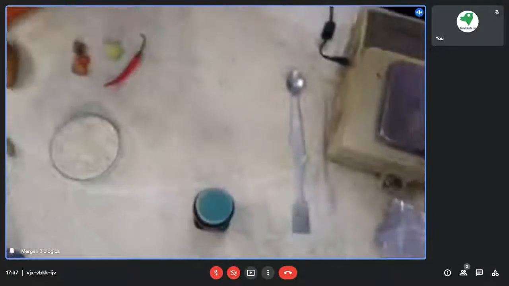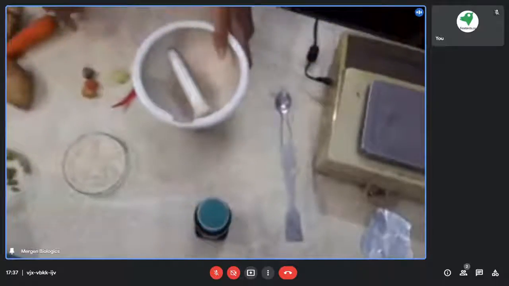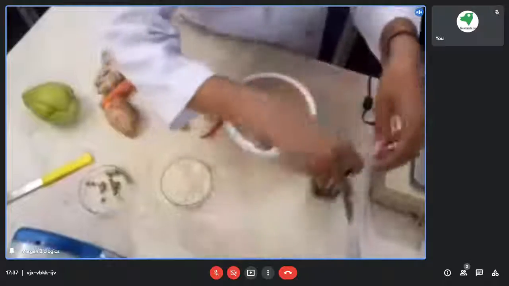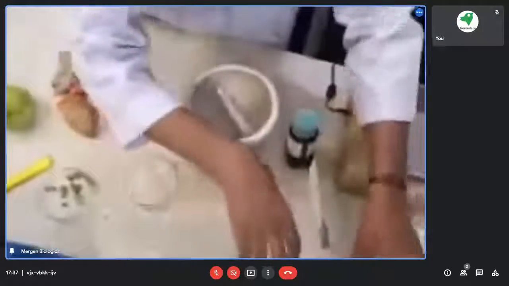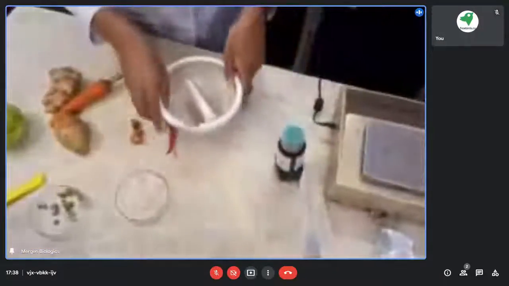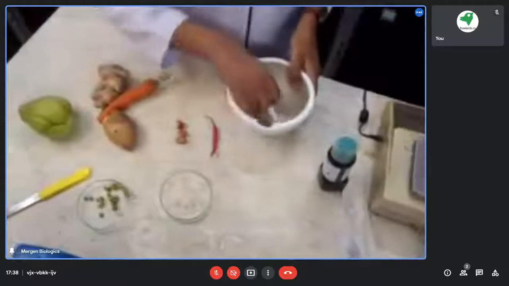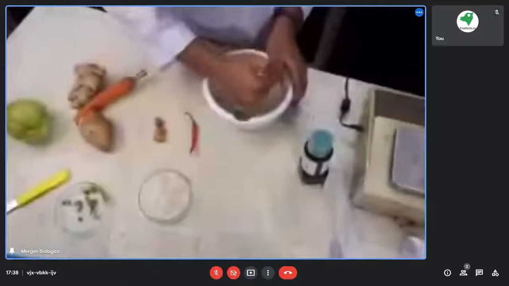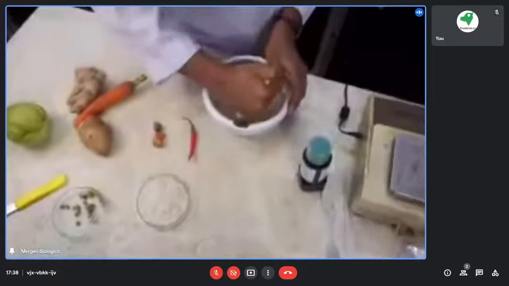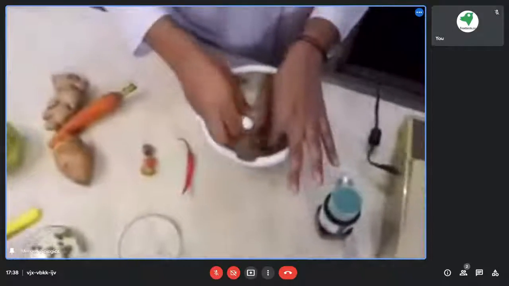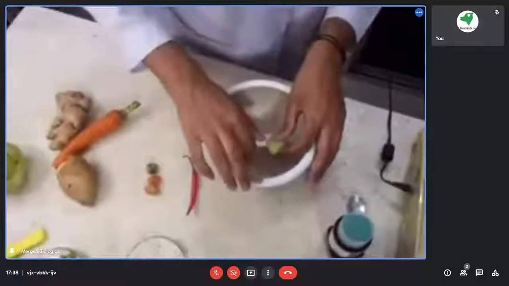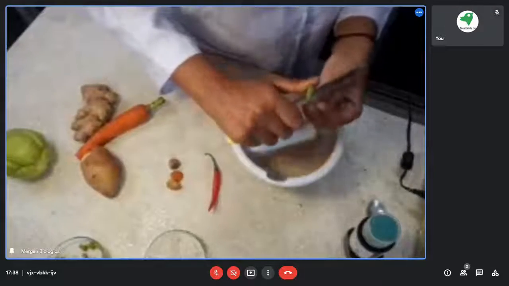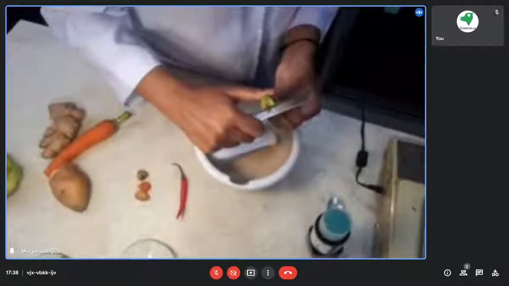Now I will take this mortar and pestle to grind these vegetables and sprouts and take them directly into these beakers. Again, I am saying this, whatever utensils are available to you, please use them. I will cut this into very small pieces so that I can grind them easily.